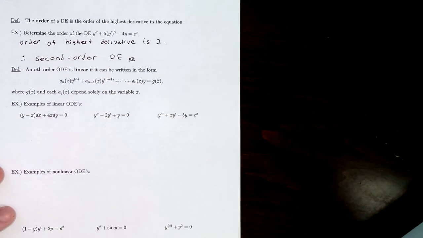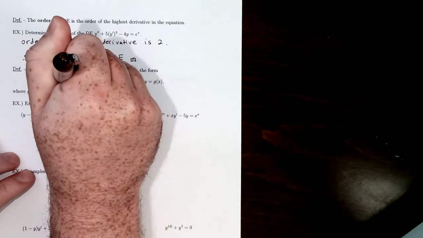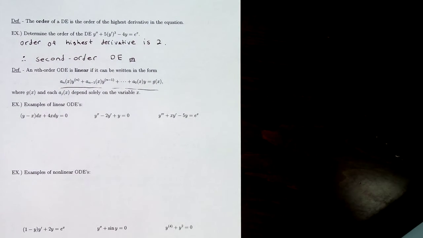Beautiful. So we'll classify differential equations by order. We'll also classify them based off of if they are linear or not. We say that an nth order ODE is linear if it can be written in the following form: a_n, which is a function of x, times the nth derivative of y, plus a_(n-1), which is a function of x, times the (n-1)th derivative of y, all the way to a_0 y equals g of x.